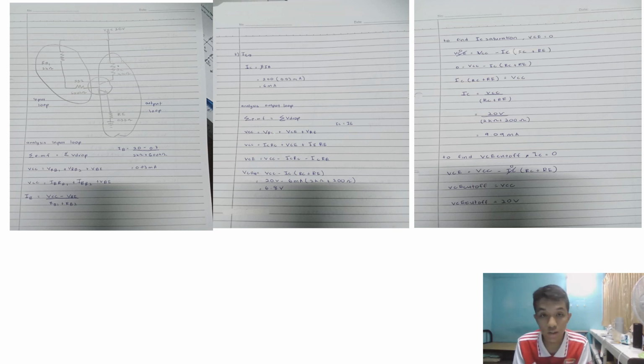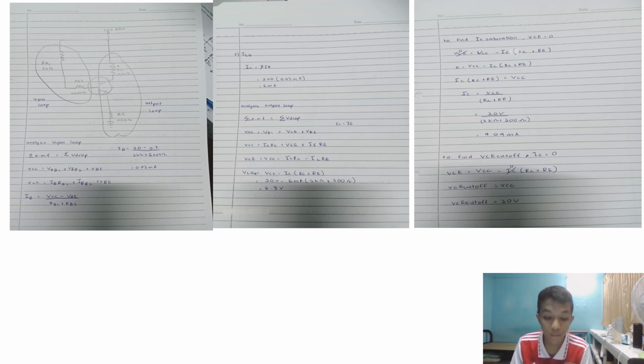We need to analyze the output loop. The summation of EMF is equal to the summation of V drop. So VCC is equal to VRC plus VCE plus VRE. So VCC is equal to IC RC plus VCE plus IE RE. As we know, IC is equal to IE.